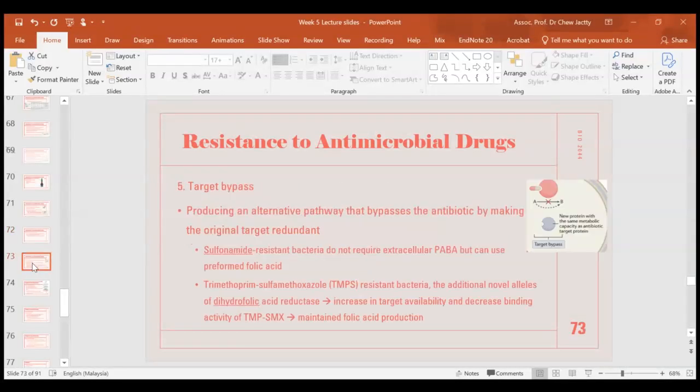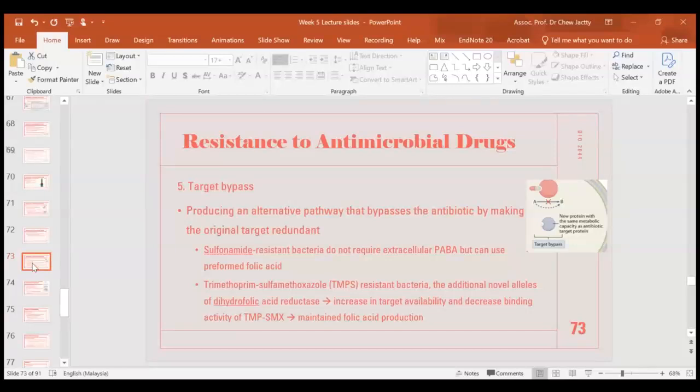The fifth one, the last one, is target bypass. The target here is the target of antibiotics in bacteria. Remember we talked about the mechanisms of action of sulfonamide and trimethoprim. They target different enzymes in the pathway of folic acid, right?